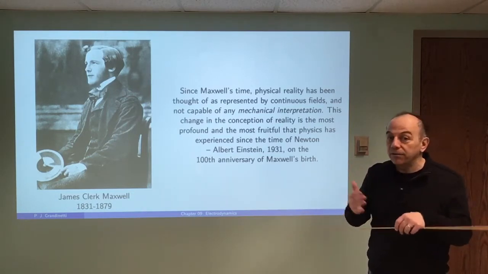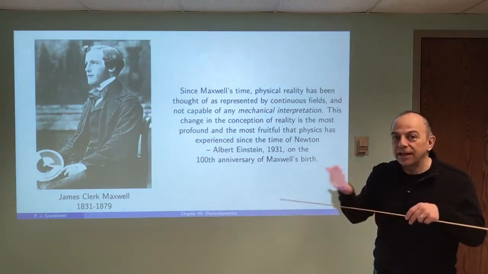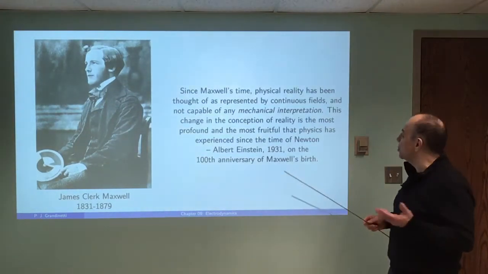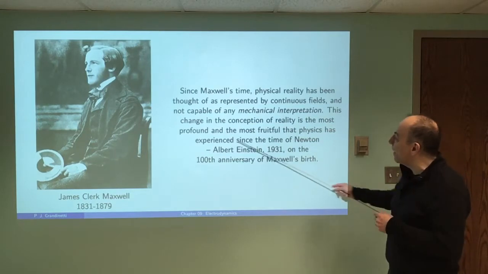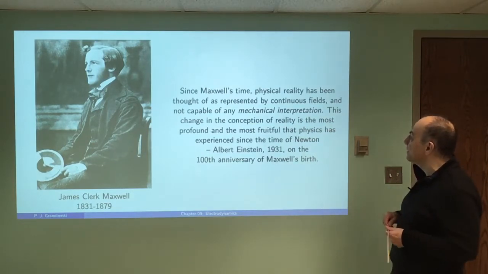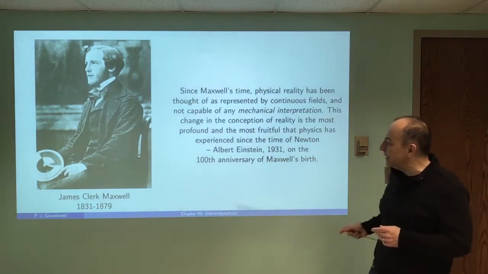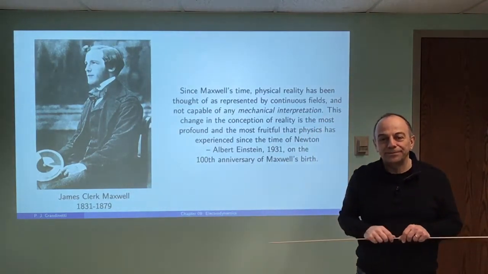Now we're learning that there doesn't have to be any kind of physical medium that the waves are displacing in. So this is a big change. This change in the conception of reality is the most profound and the most fruitful that physics has experienced since the time of Newton. And Einstein wrote that in 1931 on the 100th anniversary of Maxwell's birth.